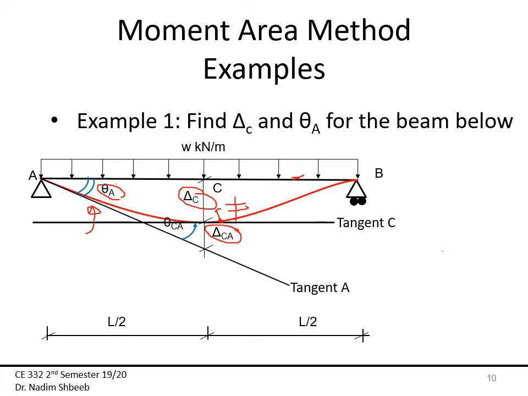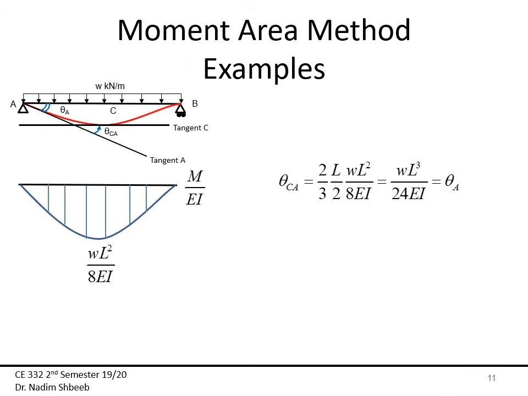But one thing you're going to notice is that if I measure delta AC, where A is on the elastic curve, which is a value of 0, and then this is the tangent coming from C, so this is delta A measured from C. Now having this in mind, we're going to first of all start calculating the angles.